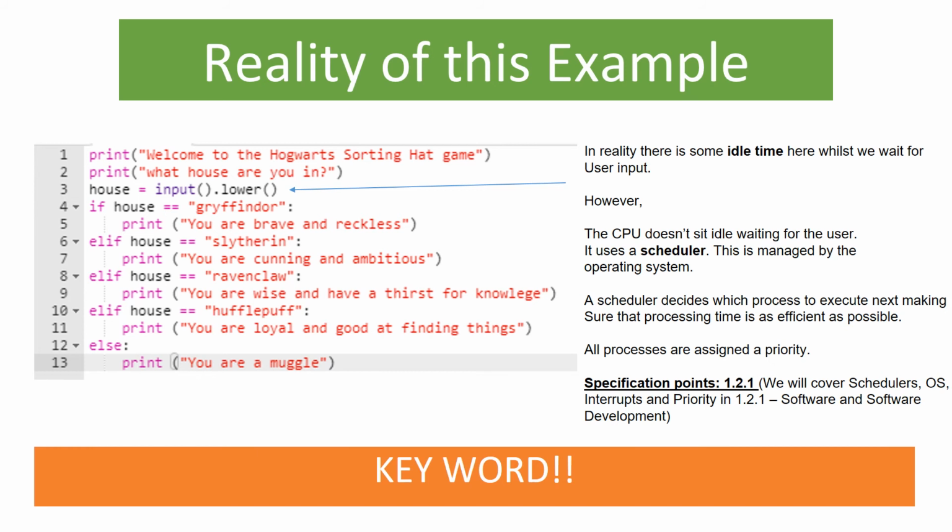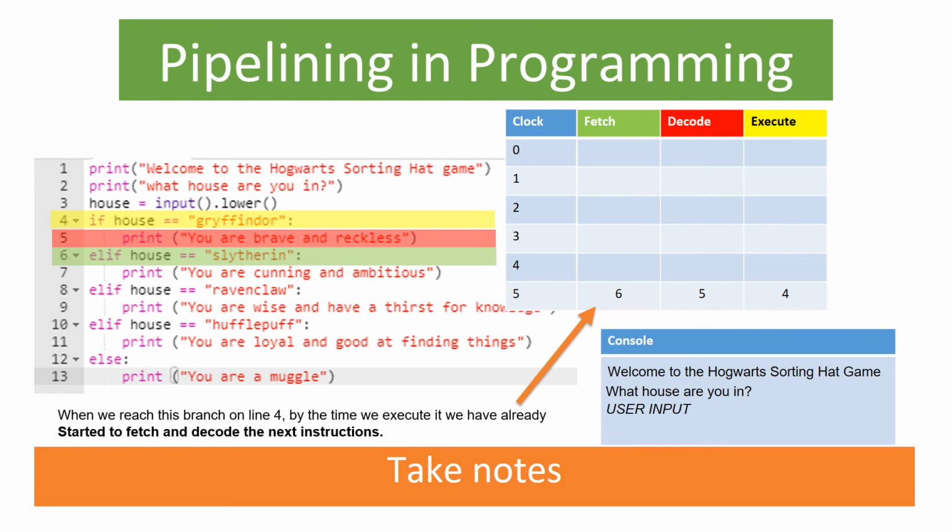Another process will start, and when the user does put an input in, that will cause an interrupt. If you go to the specification points 1.2.1, we'll cover schedulers, the function of the operating system, interrupts, priorities in this section, which is called software and system development.